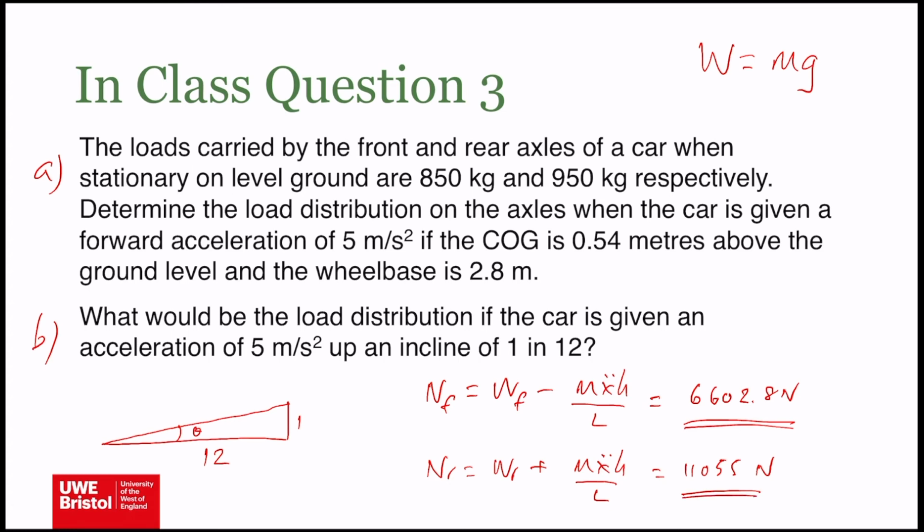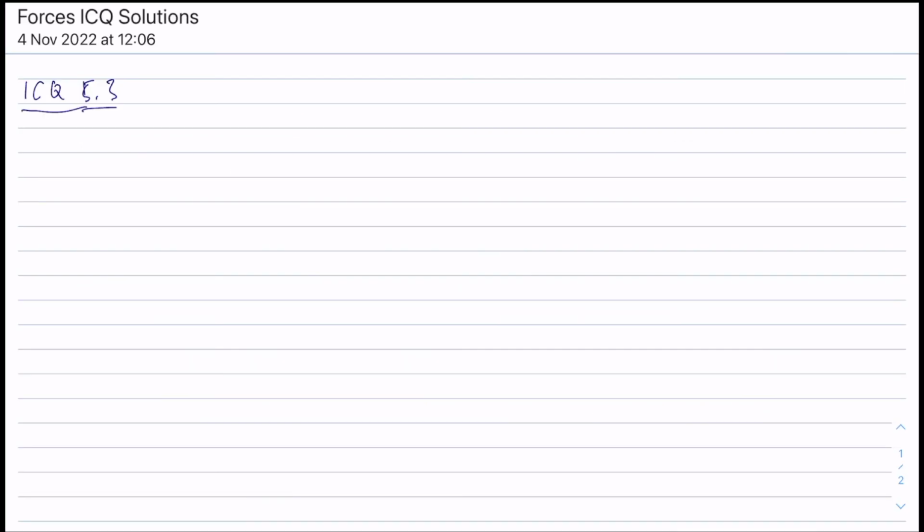For part B, I need to work out d and c. So what have we got? We've got MF is 850 kilograms, which is also equal to d upon L times by M. And so we can rearrange that equation to solve for d.